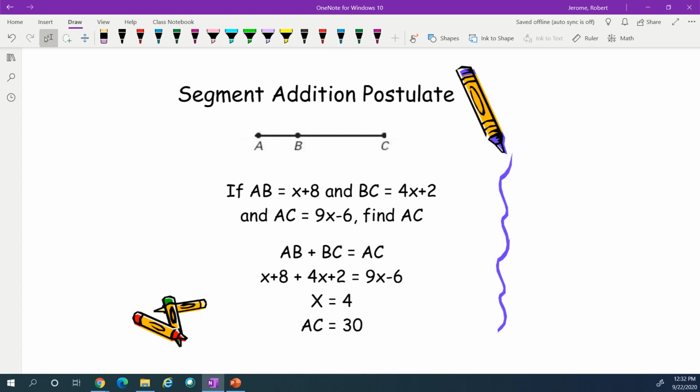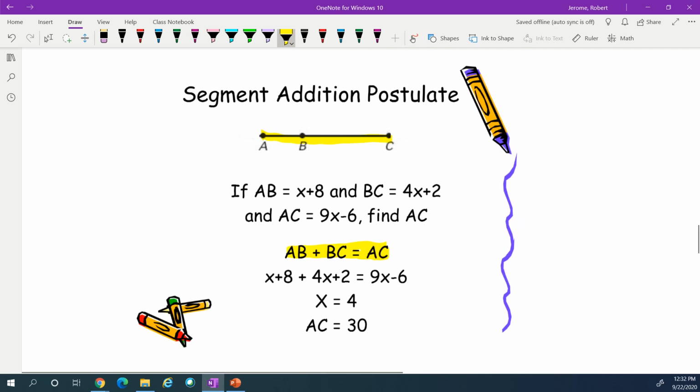Again, not changing the picture, not changing the segment addition. So from a geometry perspective, we understand segment addition. That's the whole lesson. Everything else I'm showing you is algebra underneath the problem. So here, of course, we need to write our segment addition statement, and then we need to substitute.